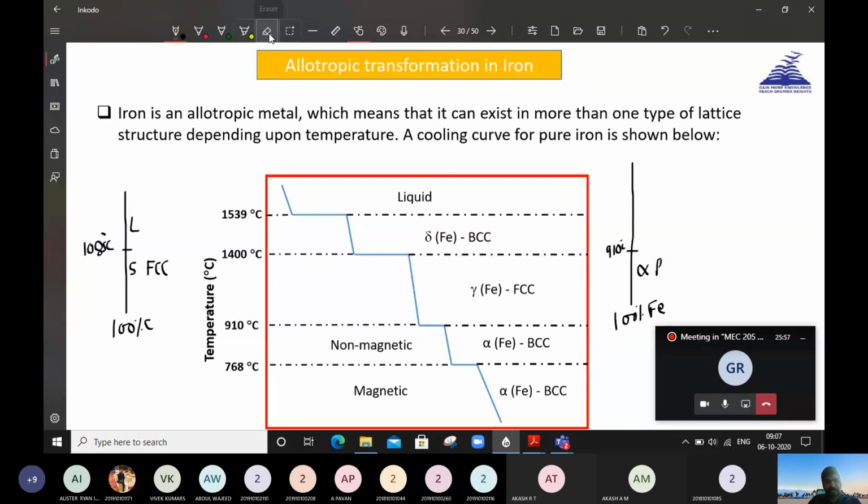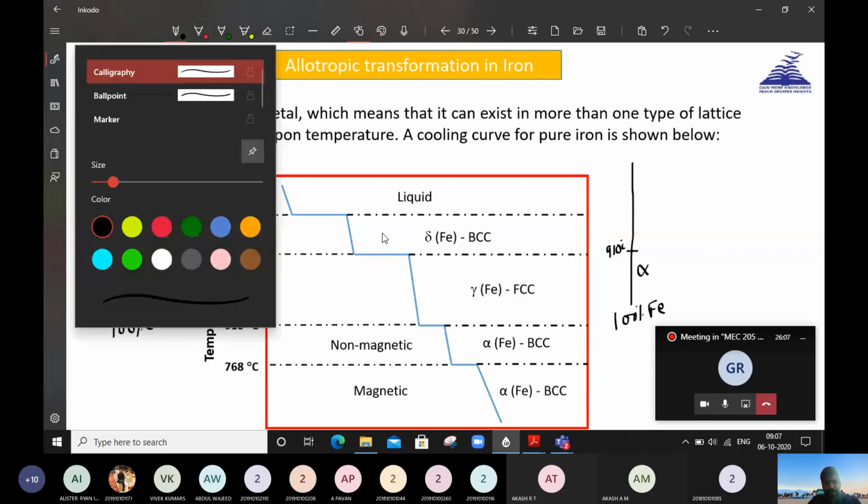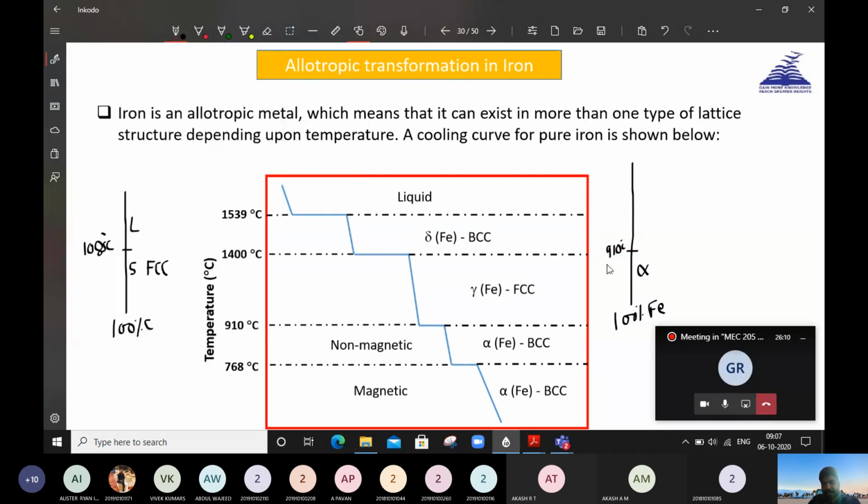So from room temperature to 910 degrees Celsius, the iron will be alpha iron and the structure will be BCC, body centered cubic.